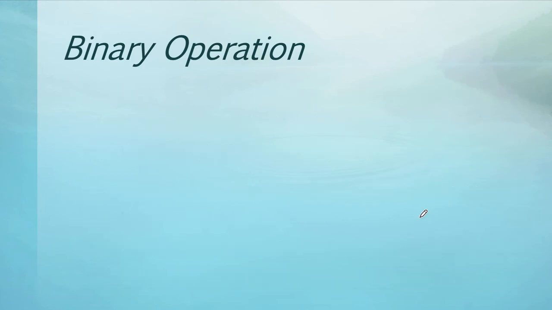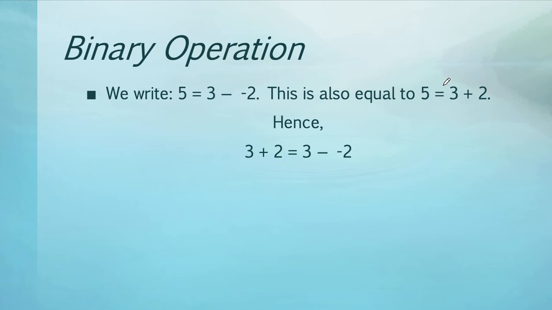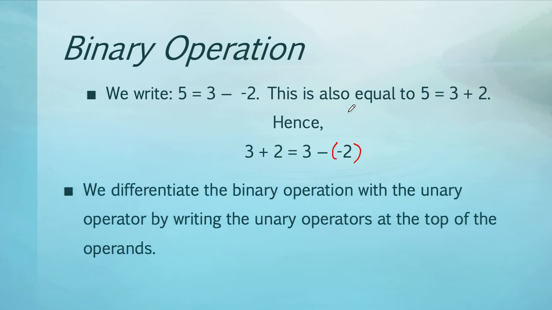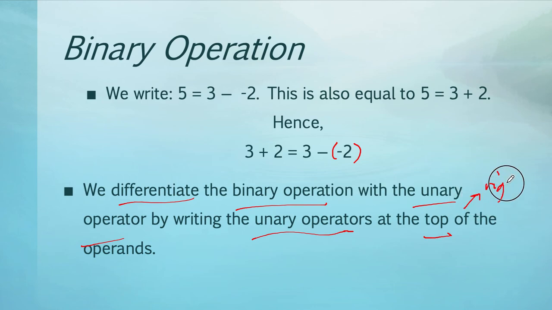Now, for instance, we write 5 is equal to 3 minus negative 2. This is also equal to 3 plus 2. Hence, we say that 3 plus 2 is equal to 3 minus negative 2. We put parentheses here to indicate that this is a negative sign, and this is a subtraction sign. In some books, they emphasize that we differentiate the binary operation from the unary operator by writing the unary operator at the top, usually the top right, of the operand.